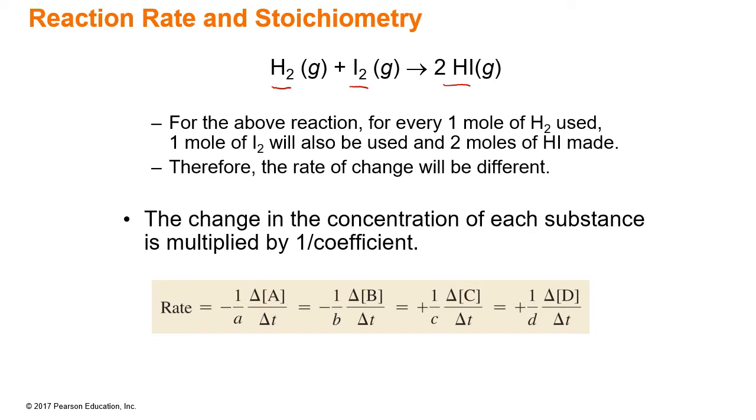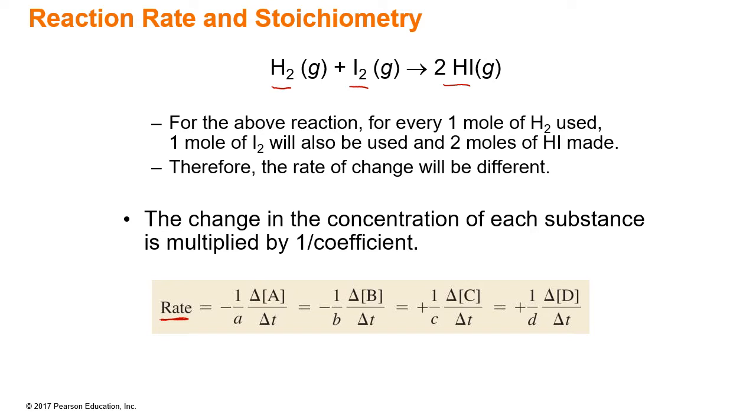So what that means is that as our reaction progresses, our concentration for hydrogen and iodine will be changing at a different rate than that of the hydrogen iodide because 2 moles are produced. Because our instantaneous rate at any given point in time is the same for the whole reaction, we need to adjust our coefficients in order to account for our stoichiometry.